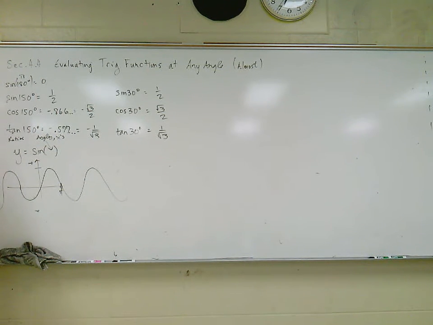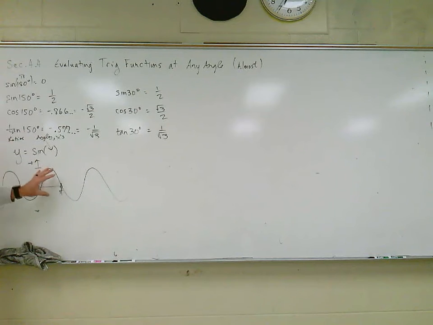So if we think of sine more as a wave, rather than always just right triangle trig, then we can see that these are possible. What I want to show you is how we can do similar to what we've been doing, using right triangles, to get these answers and know which ones are positive and which are negative, and try to tie it together.